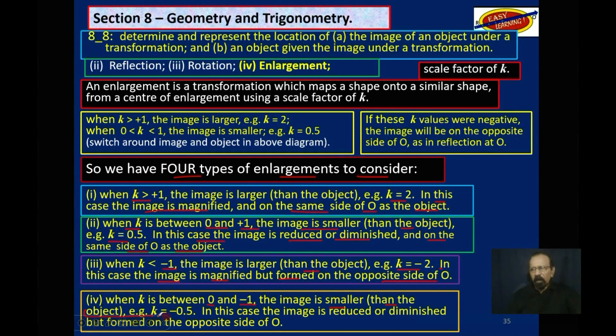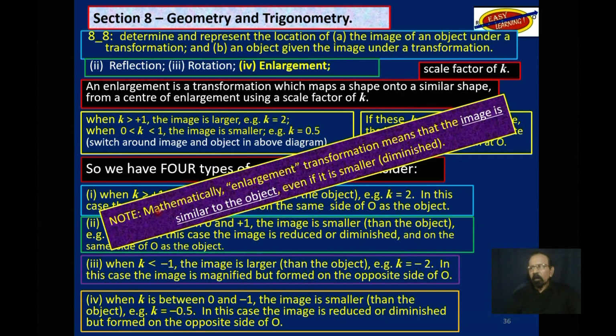Like if you have k is -0.5. In this case, the image is reduced or diminished, and it is formed on the opposite side of O. So we will consider these 4 cases, just one example of each.